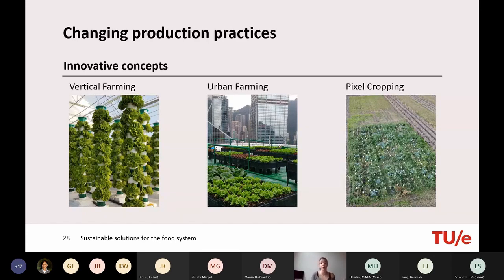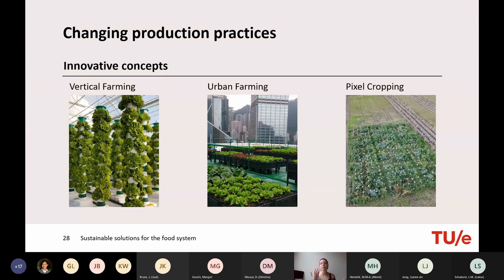Urban farming, for example, makes use of roof spaces where we can grow lettuce and other vegetables and thereby reduce the distance that food needs to travel from the field to the final consumer.